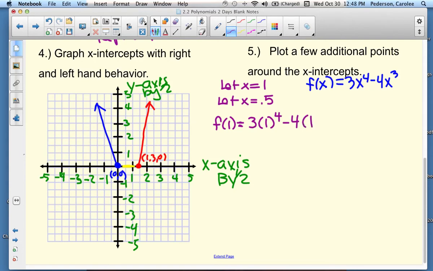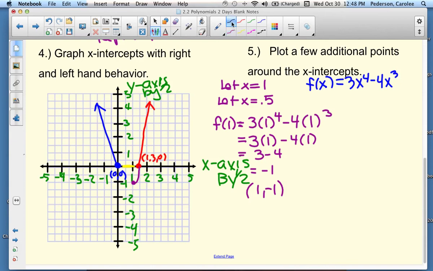So I'm replacing those x's with 1 to find out what the ordered pair is. So 1 times 1 times 1 times 1 is 1. 4 times 1 times 1 times 1 is 4. 3 minus 4 is negative 1. So the ordered pair is 1, negative 1. So over 1, down 1.